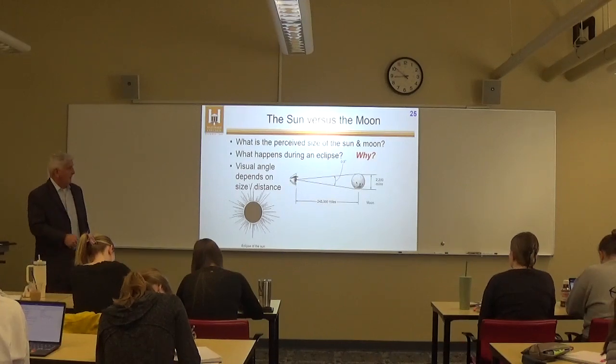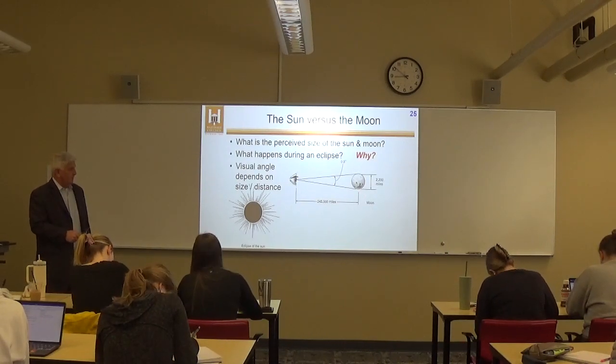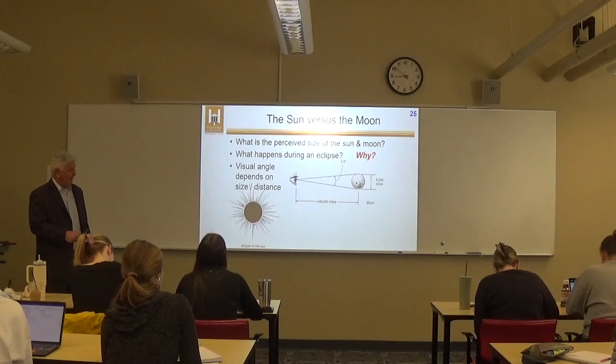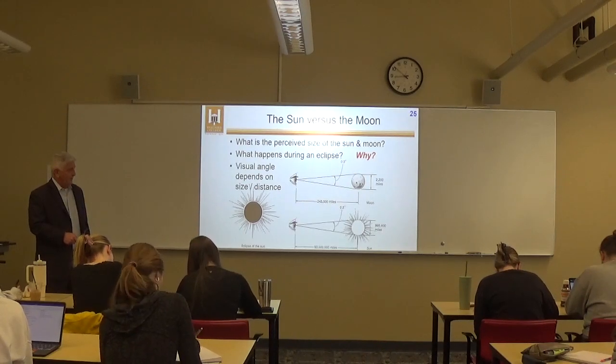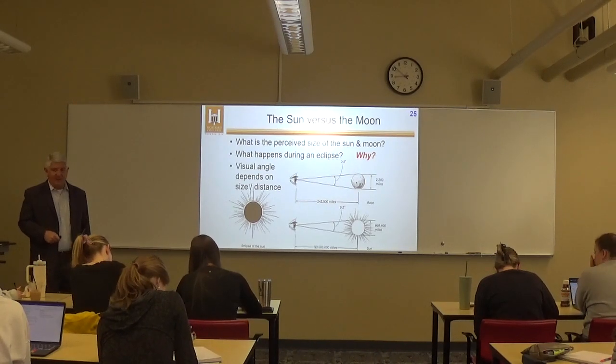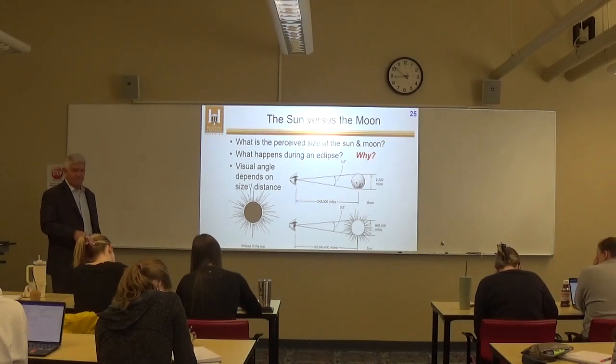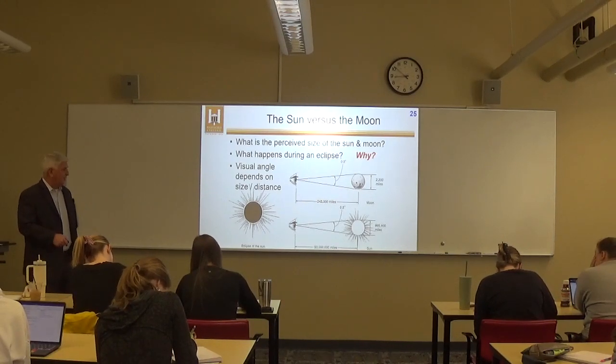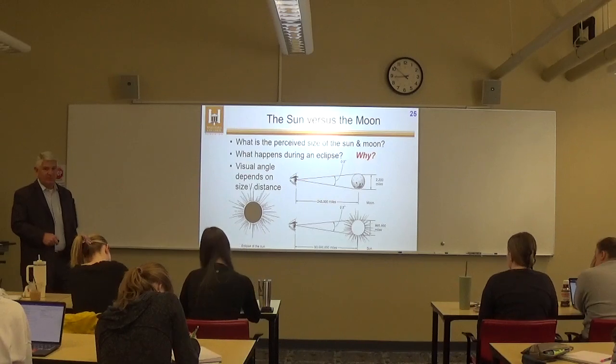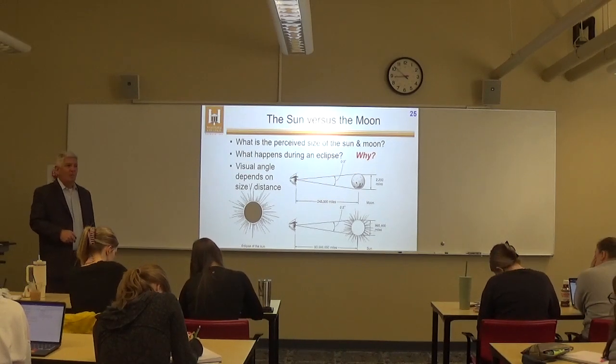When in fact the moon is only 2,200 miles across, the sun is 865,000 miles across. It's also 93 million miles away, right?